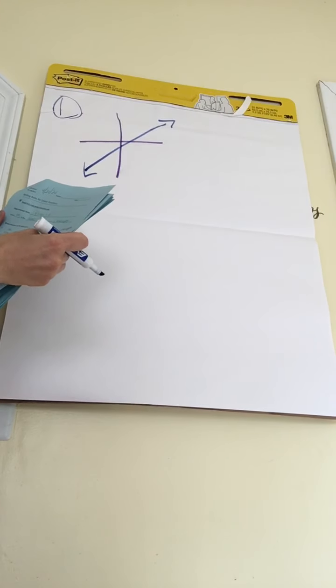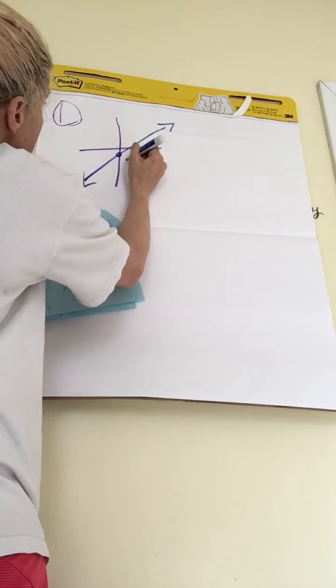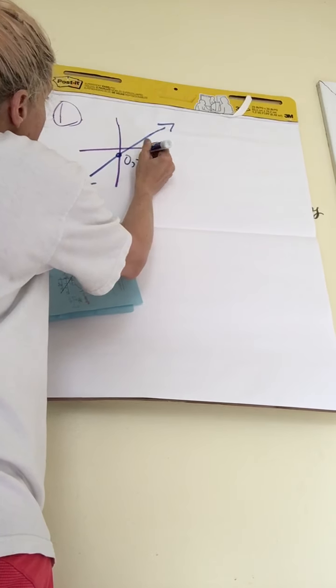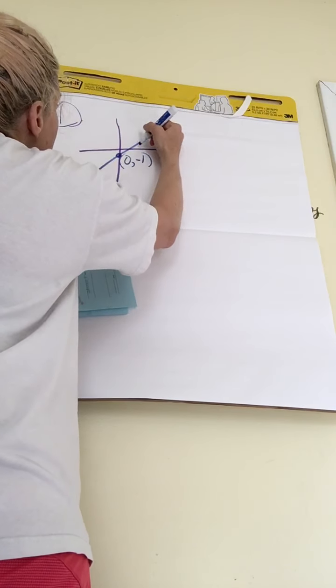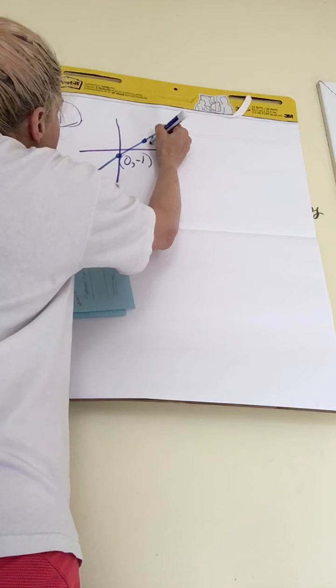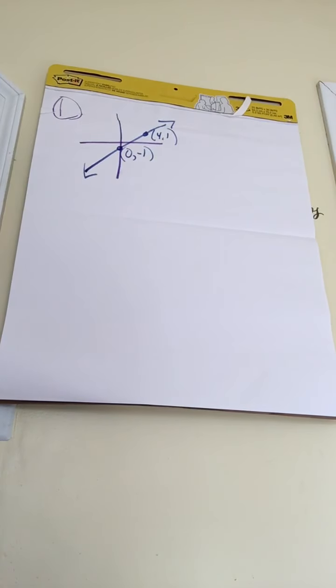So, I have 1 point that's marked as (0, -1). And we have another point that's listed as (4, 1). Okay, that's what you already have on your paper. So, from here, I want to write a function rule.